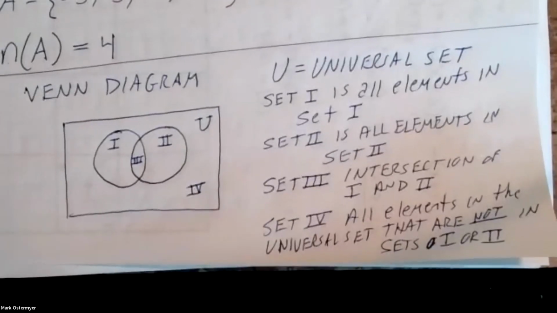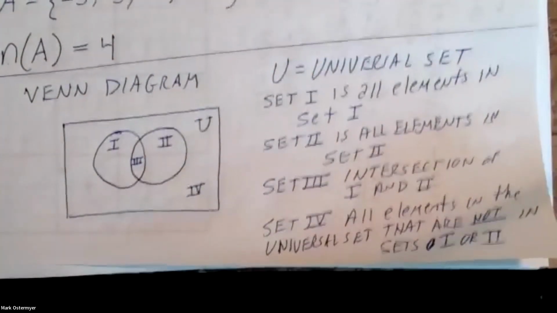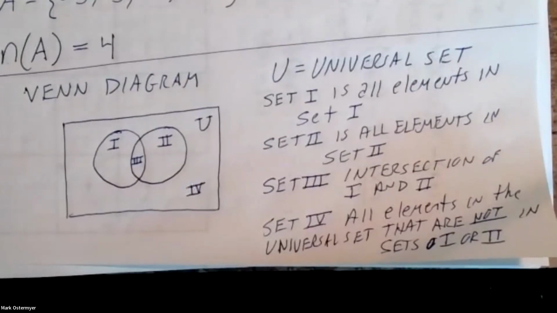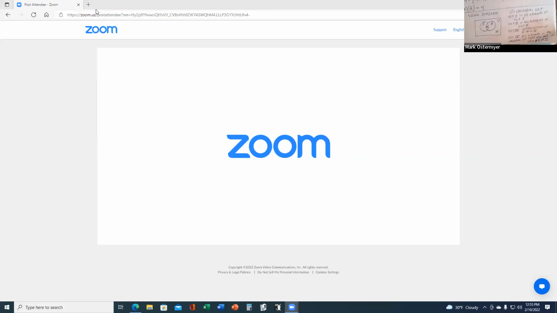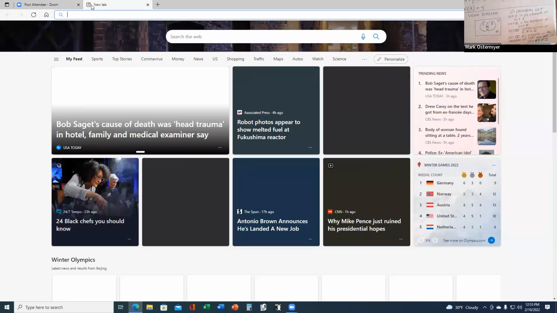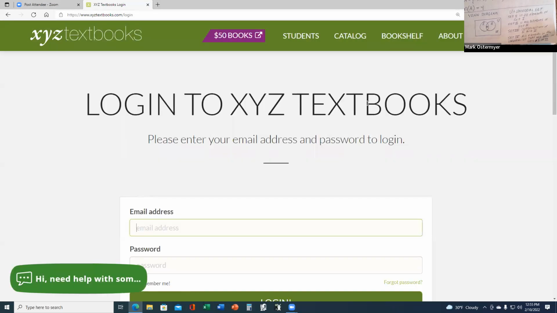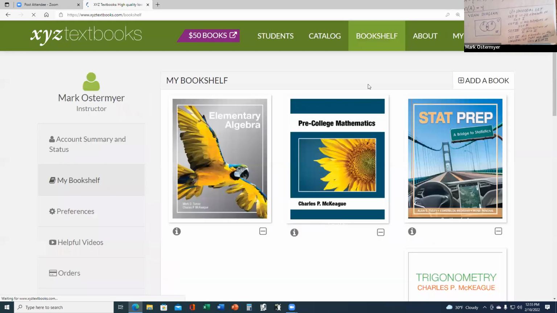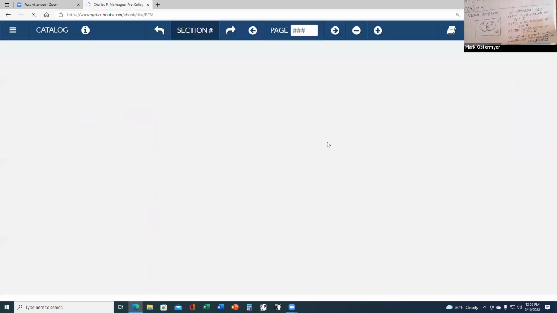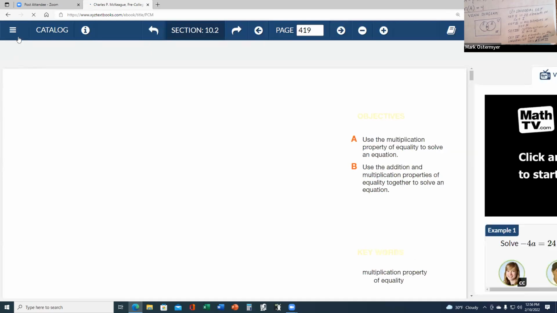All right, now that we're armed with that knowledge, I'm going to see if we can go to our textbook and have a little bit of fun now. We're going to go grab our book. Just bear with me, I have to log in. All right, so we're going to go to the appendix.